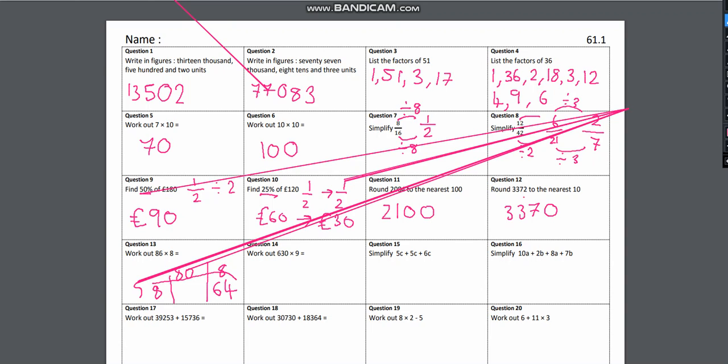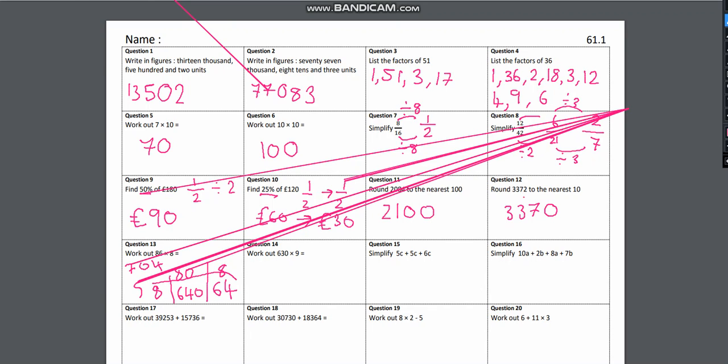And then 8 times 8 again is 64, but we add our 0, so that gives us 640. And then all we've got to do is add those together. So 640 plus 64 would be 704. It should be 704, which I agree doesn't really look like a 704, but it is 704.